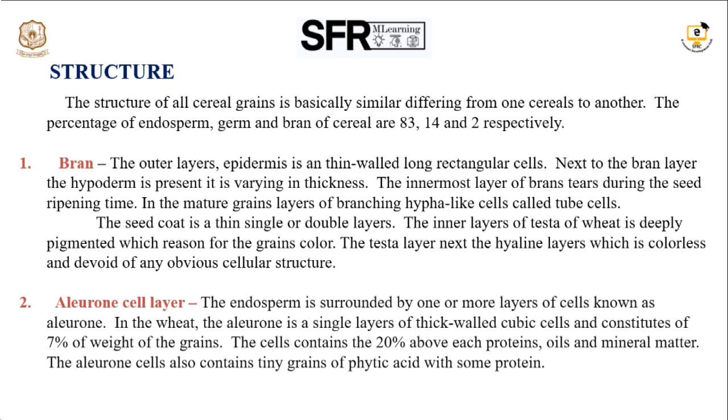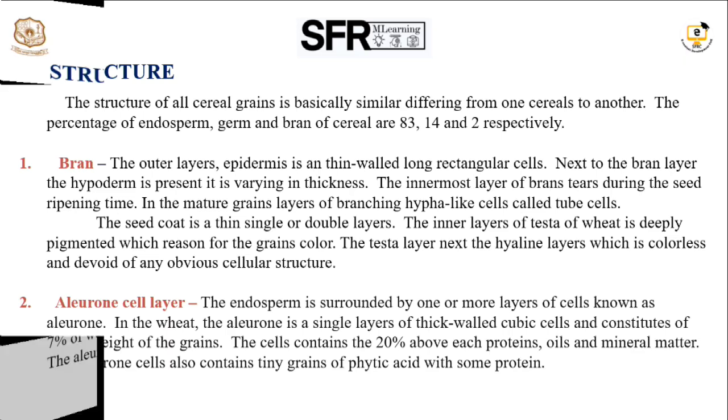In wheat, the aleurone layer is a single layer of very thin-walled cubic cells, and it makes up 7% of the weight of the grain. These cells contain 20% protein, oil, and other fats like minerals. The aleurone cells also contain tiny grains of phytic acid with some amount of protein.